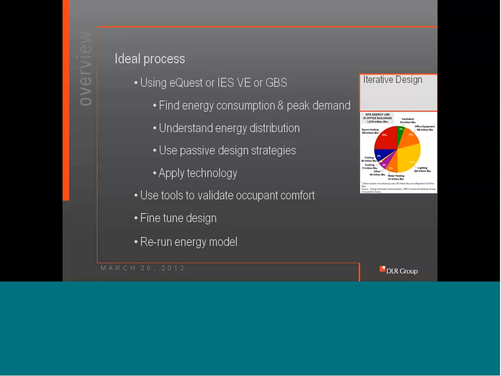Immediately you can see lighting, for a typical office building here in the United States, is about... So immediately we know that that's where the problem is. If we can use passive strategies to bring this down, that's where we want to focus our efforts. So it's important to start with this and understand where your energy is. Yes? That's specific. You said that's across the U.S., so that's going to vary depending on what region.